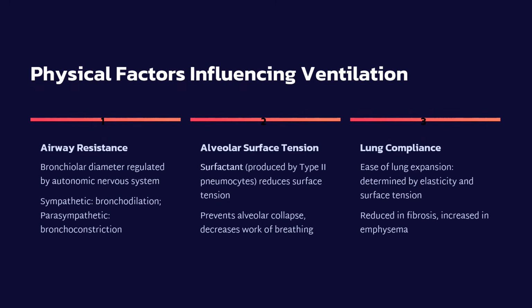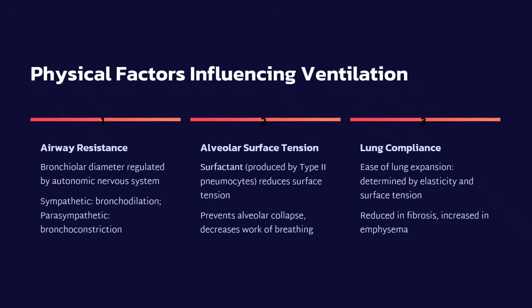So what are the physical factors influencing your ventilation? We have your airway resistance, alveolar surface tension, and your lung compliance. For your airway resistance, your bronchiolar diameter is regulated by your autonomic nervous system.